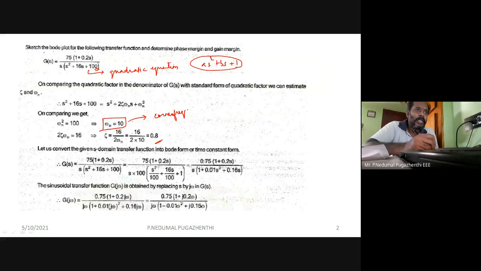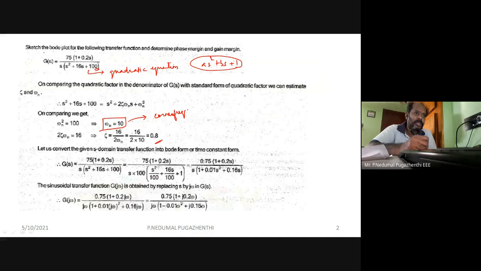As usual, the s domain transfer function has to be converted into a time constant form. So I will take this 100 outside and divide by 100.